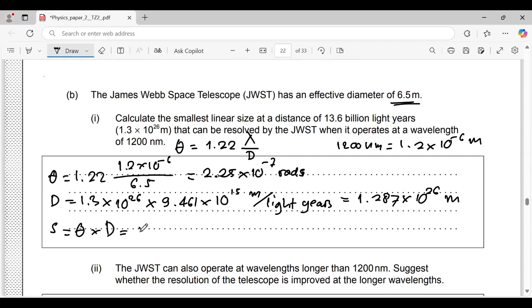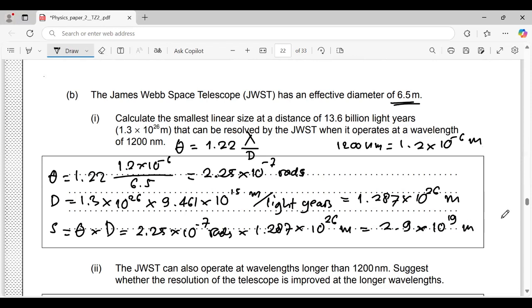Theta is 2.25 times 10 power minus 7 radians times 1.287 times 10 power 26 meters, and the result is 2.9 times 10 power 19 meters.